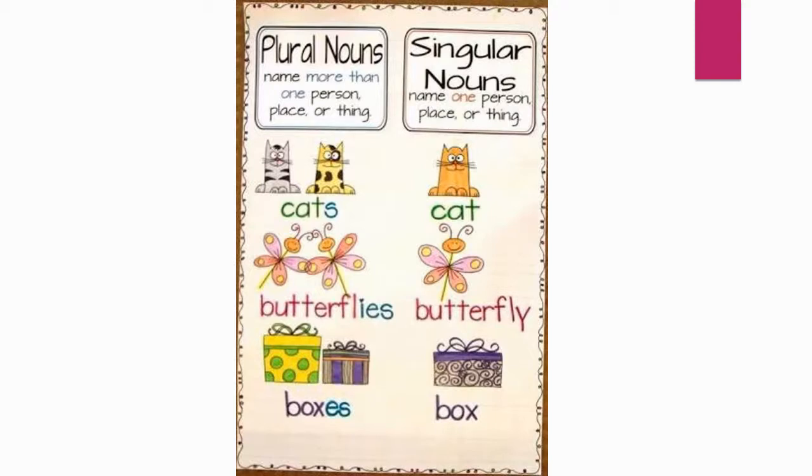So butterfly is the singular form and butterflies is the plural form. In the third image, the box is only one, so we have written box. Where there are two boxes, we have written boxes. So boxes is the plural noun and box is a singular noun.